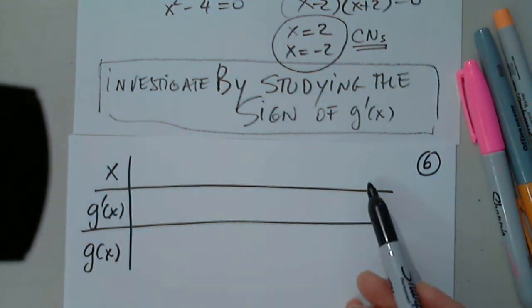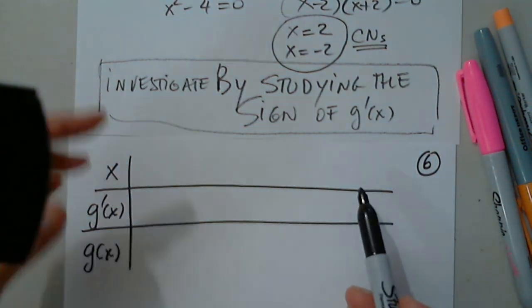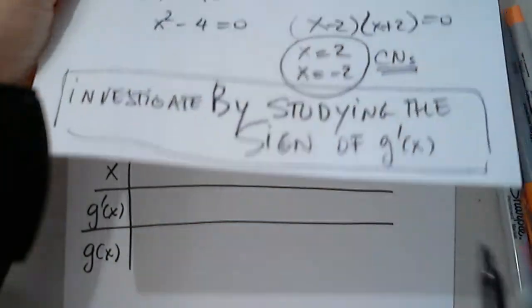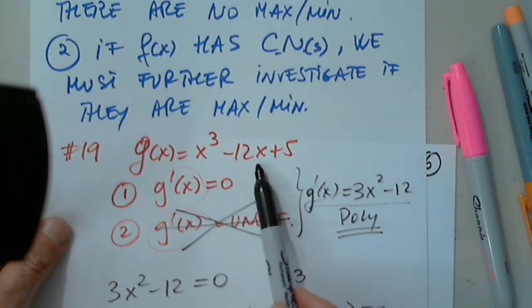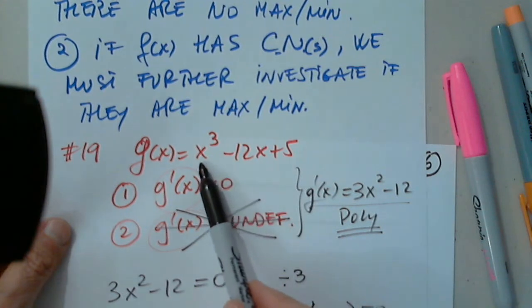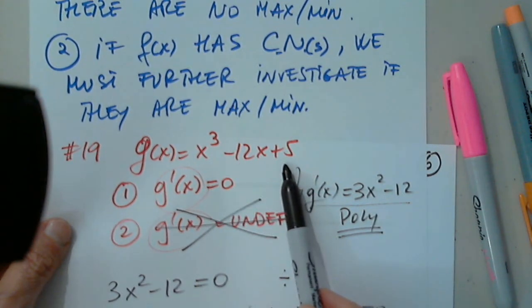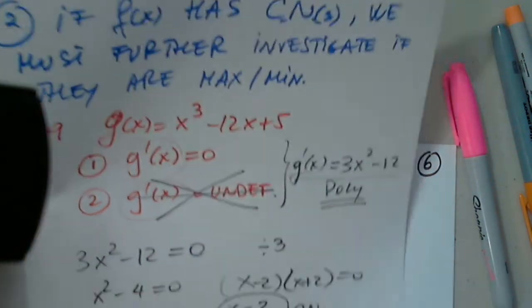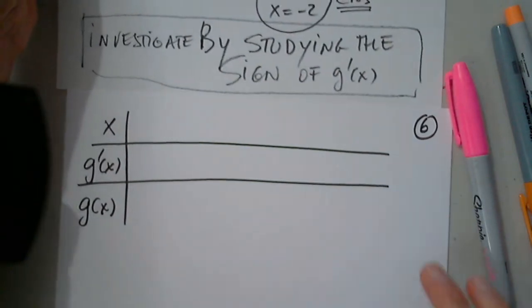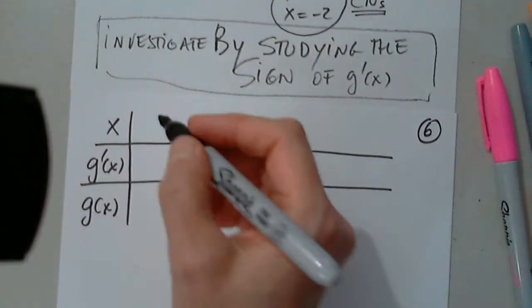X is the variable in the problem. Can anyone give us the domain of this function? Negative infinity to positive infinity? Absolutely. It's a polynomial function. There is no discussion there. It was just a trick question.